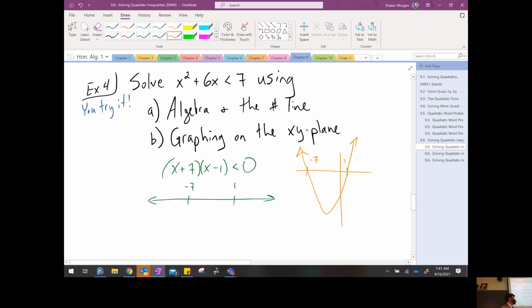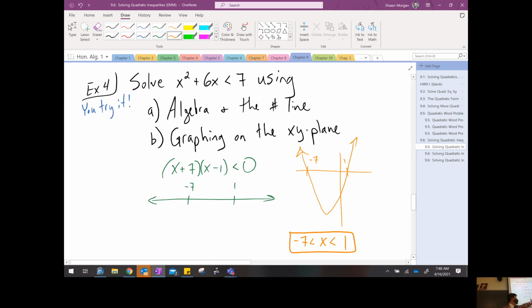Below the x-axis. So I can already tell the orange one is easier than the green one because the orange one has the parabola below the x-axis, between -7 and +1. So I could say x is between. Now, why am I not including -7 and 1? Because it's strictly less than, right? So that's my answer, problem done.